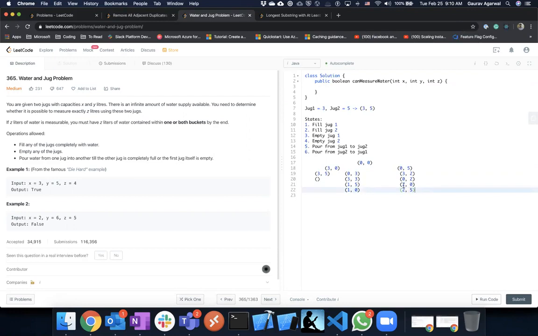Empty jug 1, 0 0. Empty jug 2, 2 0 will remain the same. Pour water from jug 1 to jug 2, we can have 2 in the system. Pour water from jug 2 to jug 1.